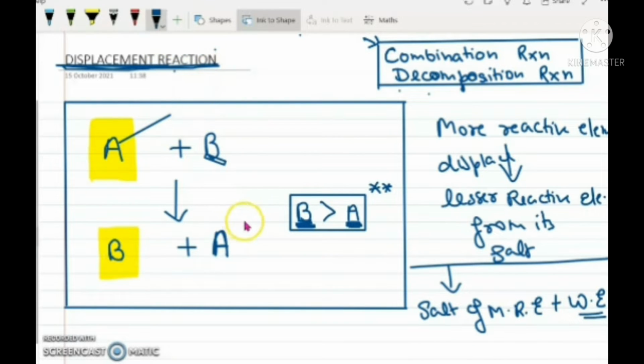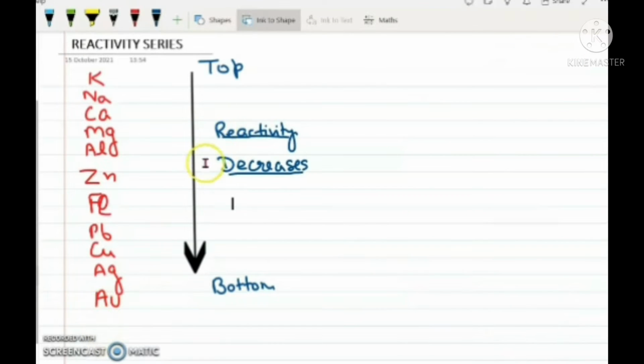Now you must be wondering how, between a given pair of elements, you will come to know which is the stronger one and which is the weaker one. How will you displace a weaker element until you know which among the lot is the weaker one? For that you should know this reactivity series by heart. So what is the reactivity series? It's an arrangement in which the elements have been arranged in a vertical fashion.